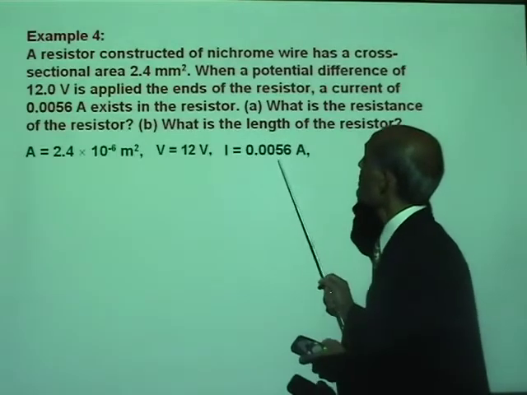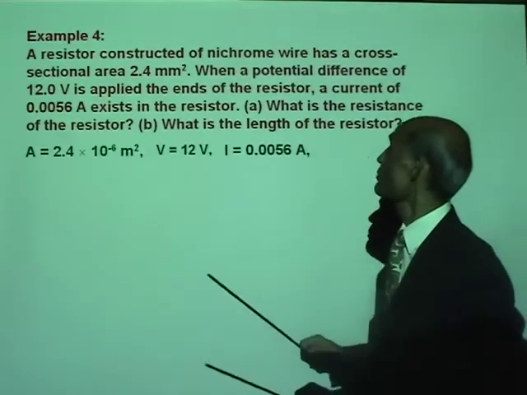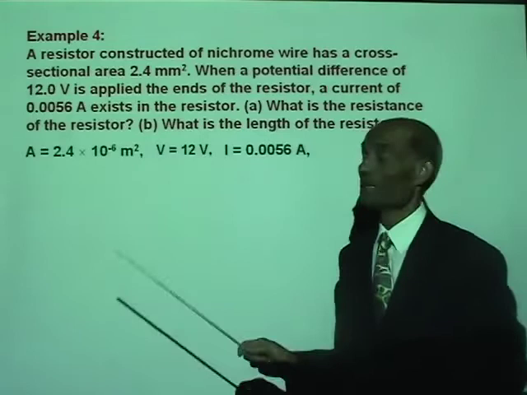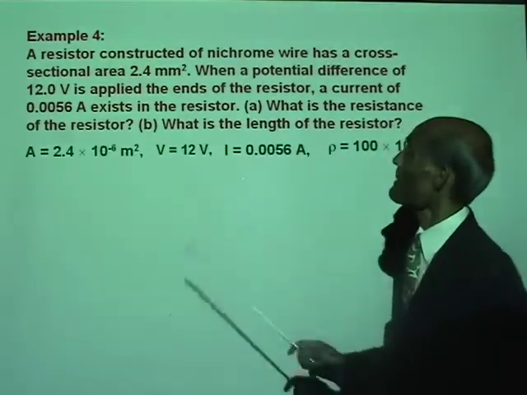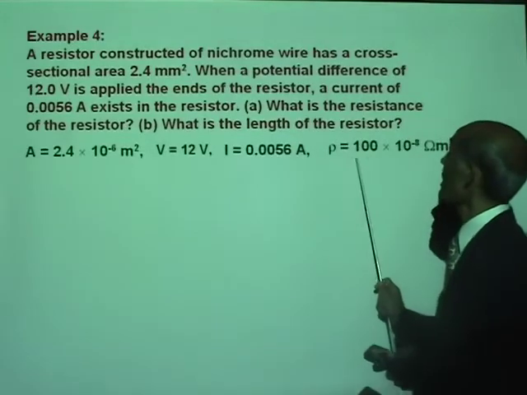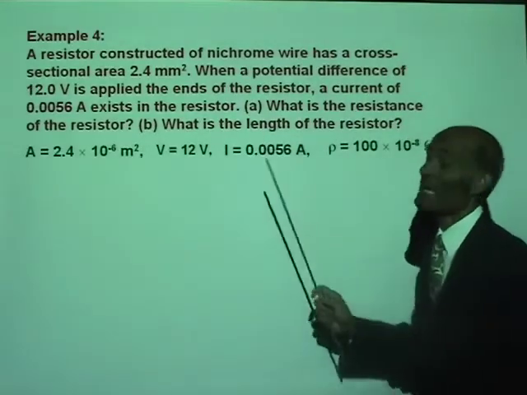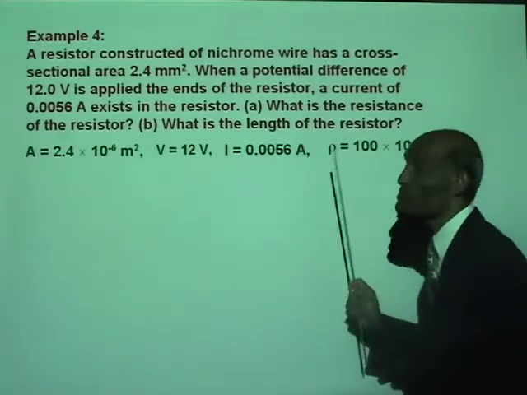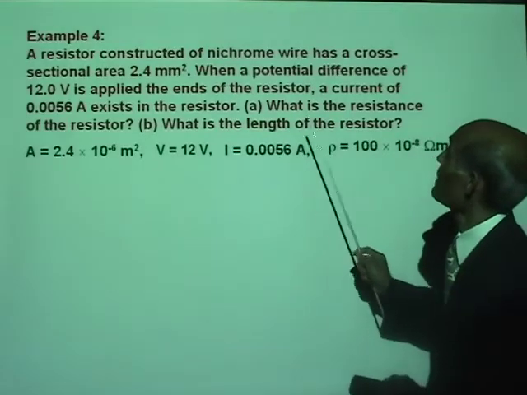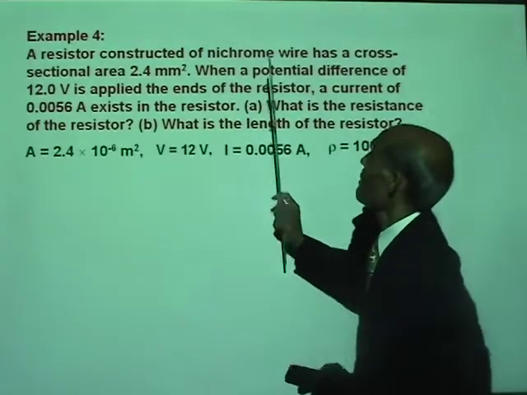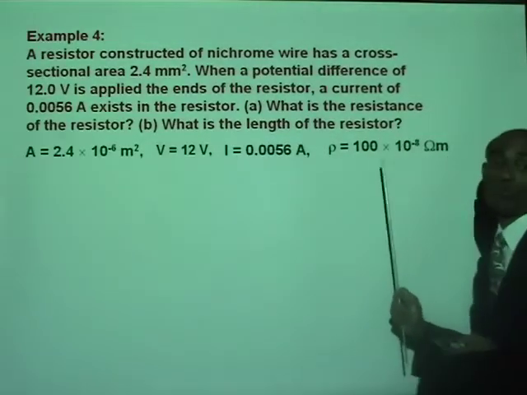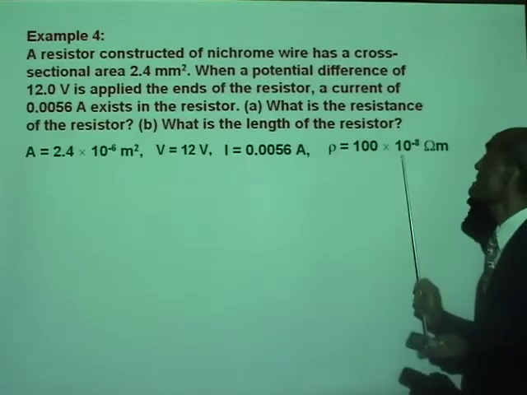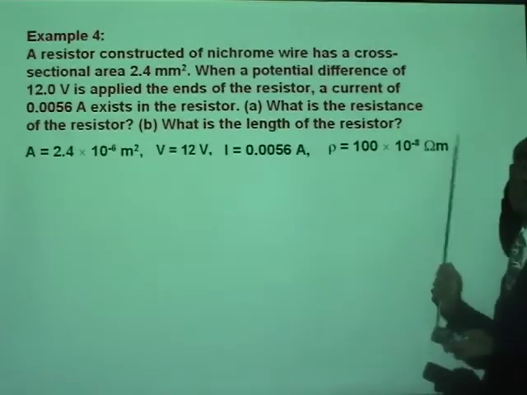The current in the conductor is 0.0056 ampere. Tell me, how do we find the resistance of the conductor? Also, I picked one more that is not given here: the resistivity of the material. What is the material? Nichrome. And the resistivity of that material, which I picked from the table, is 100 times 10 to the negative 8 ohm meter.